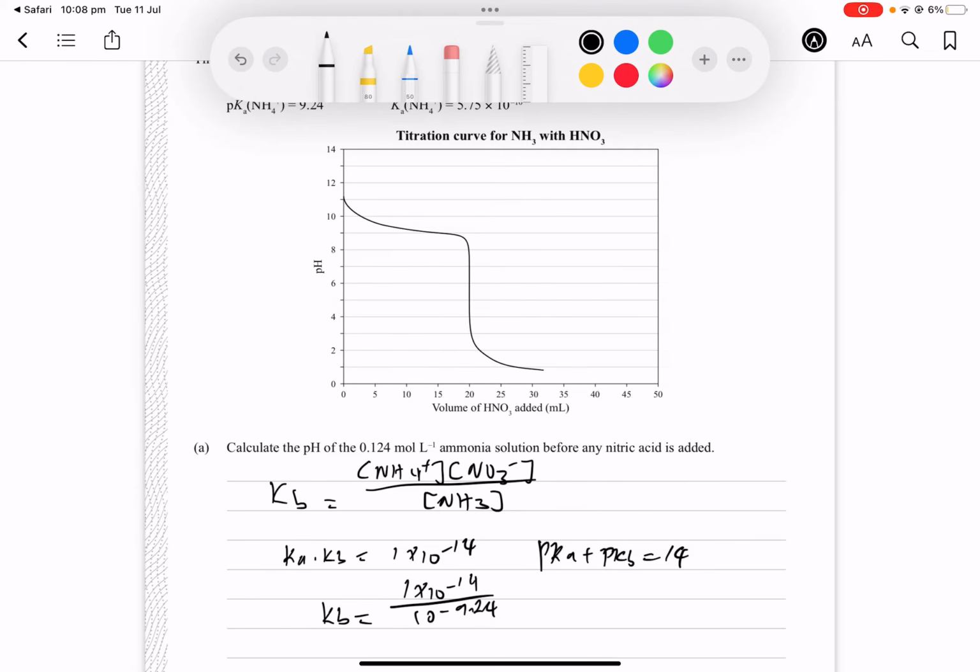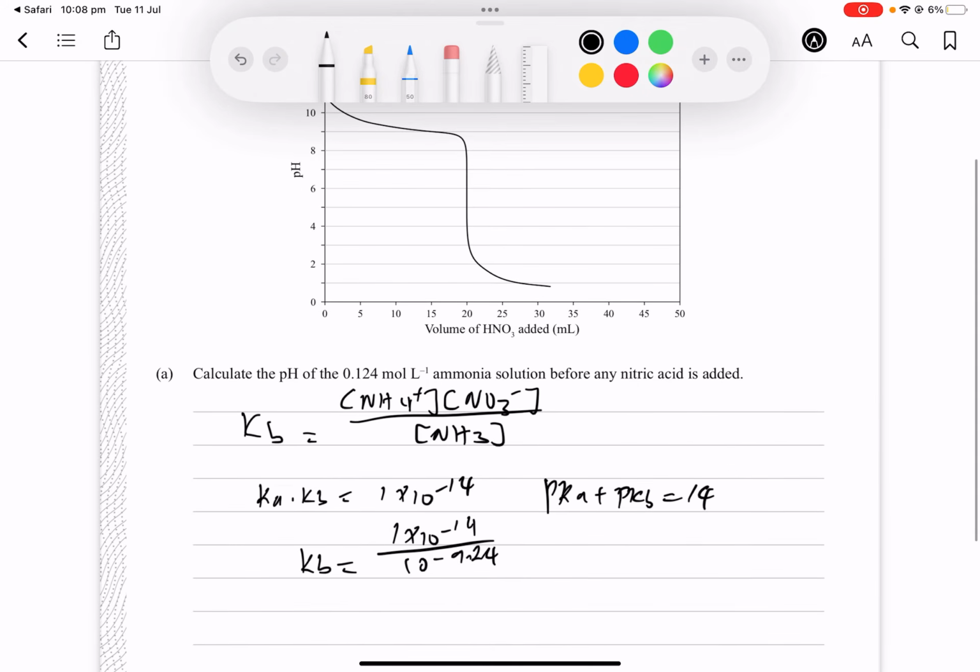So Kb is going to be equal to, I'm going to evaluate that expression there. So we need a calculator, so give me a moment.